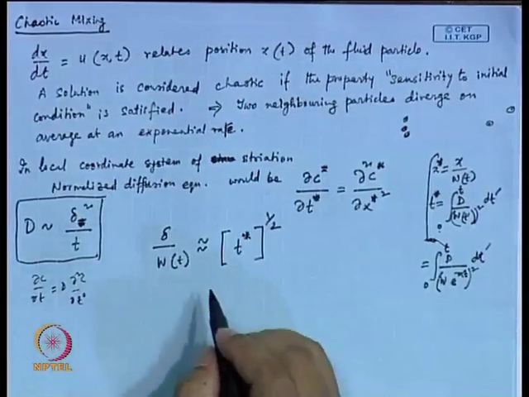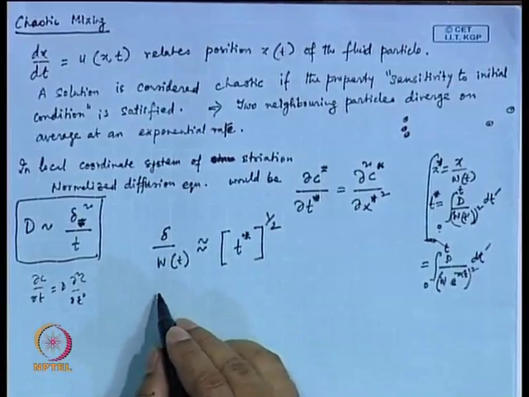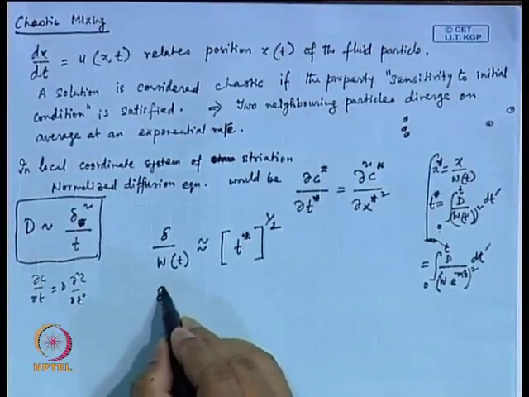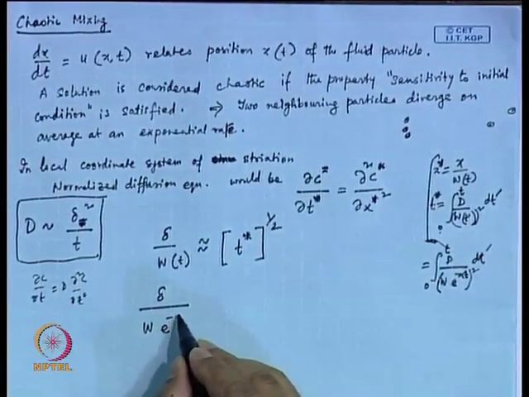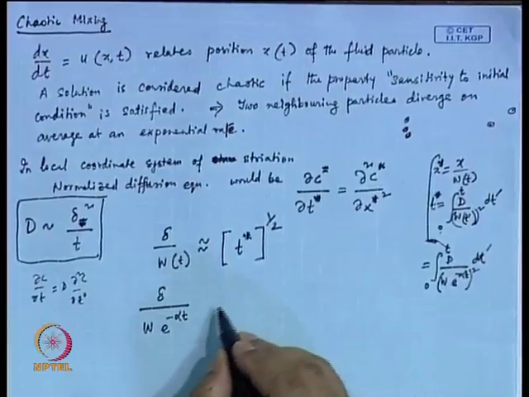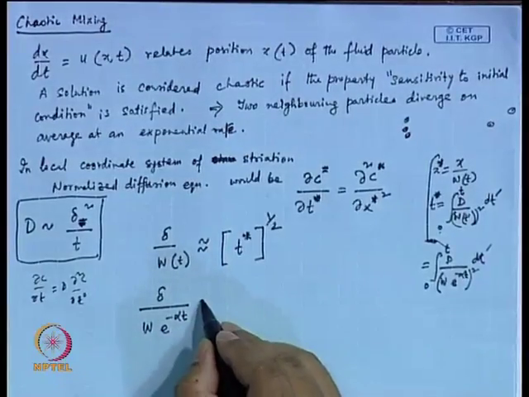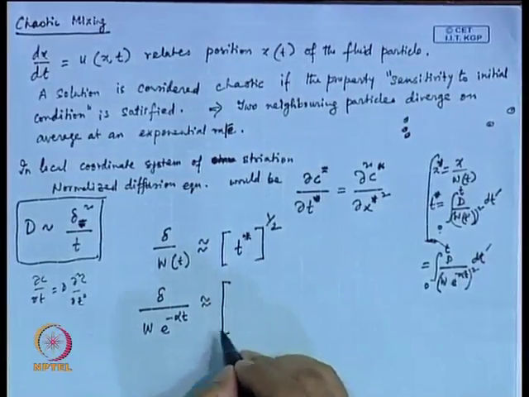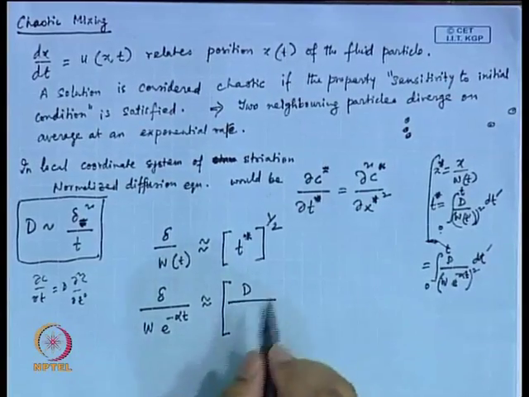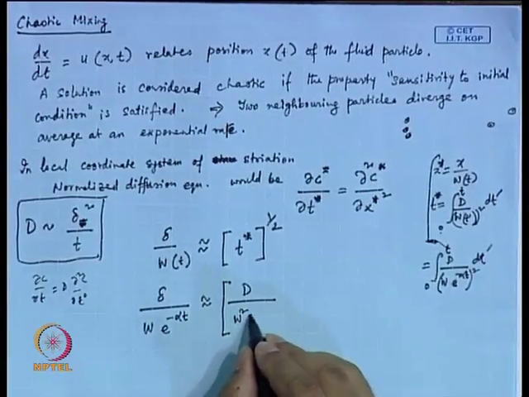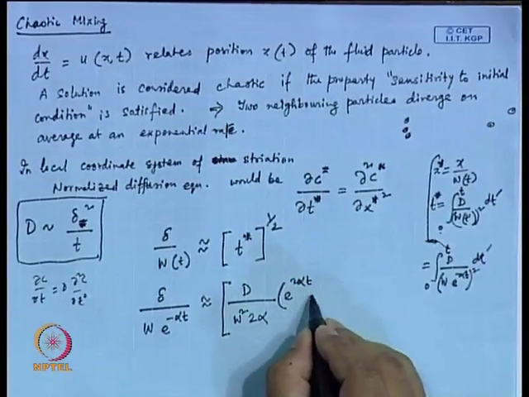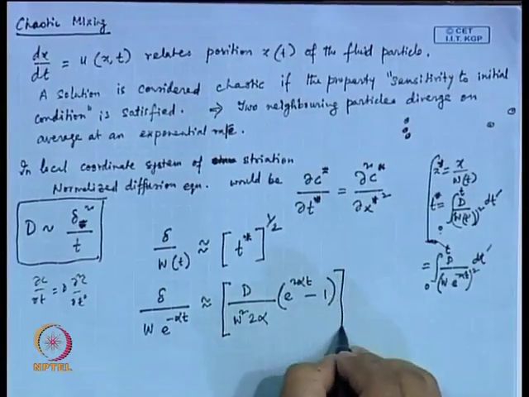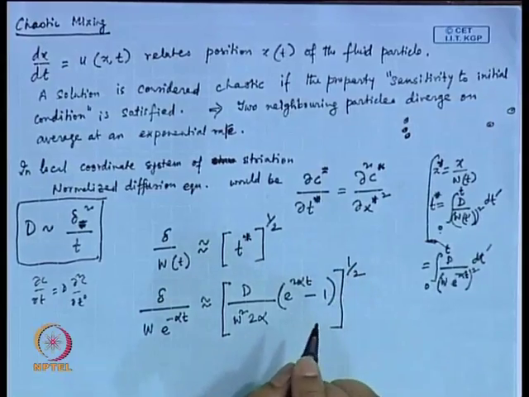And with this W t, what you would be writing here is delta divided by W e to the power minus alpha t, and that is equal to D divided by W square 2 alpha into e to the power 2 alpha t minus 1, to the power half.